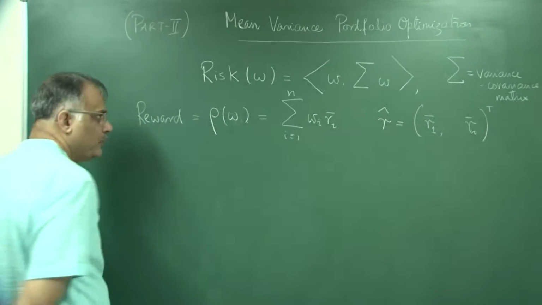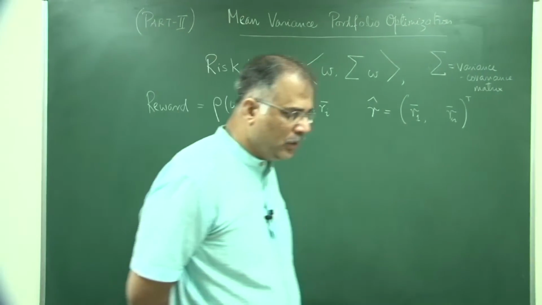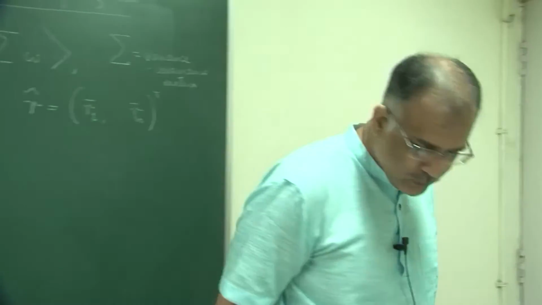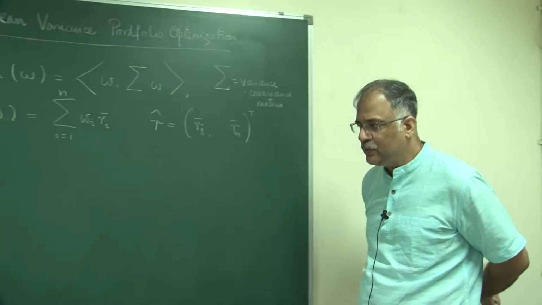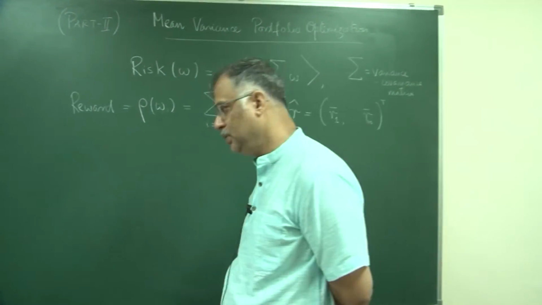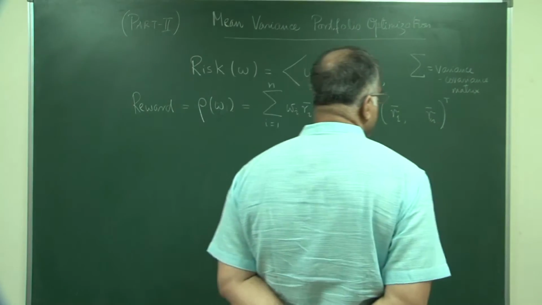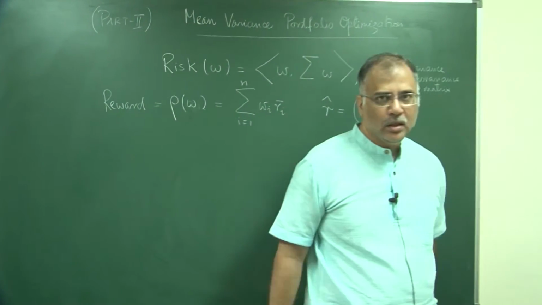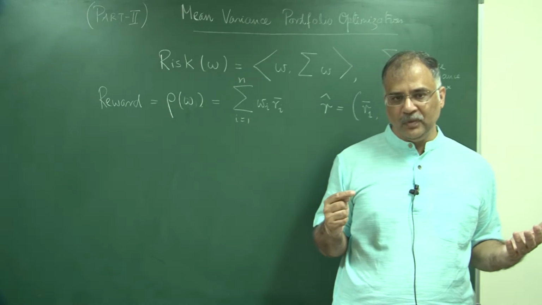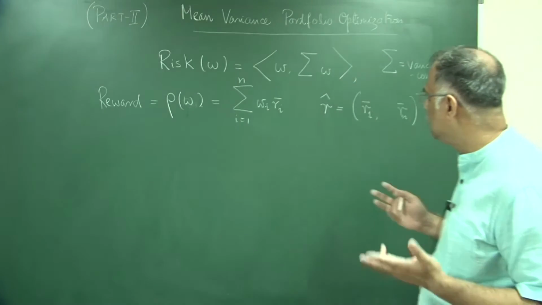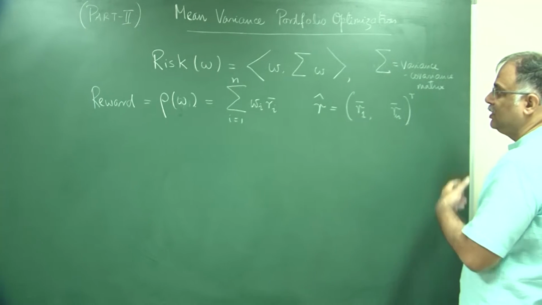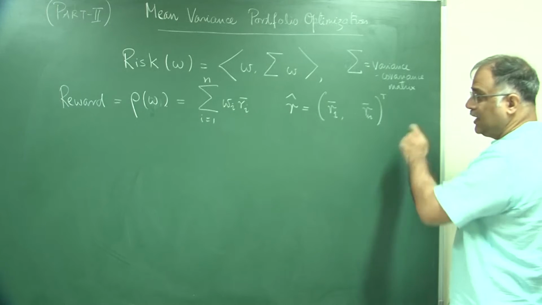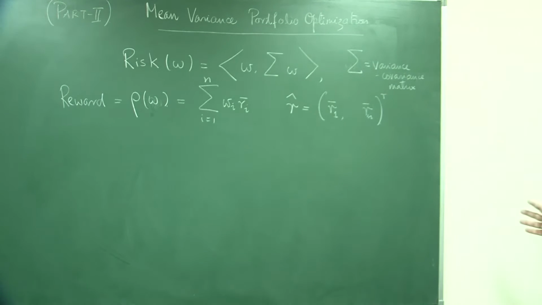Before I proceed further, I need to make a comment. I am using terms like variance covariance matrix, and this is what I expect the students to know. If students expect that every little thing about the basic statistical tools we use here has to be explained, then this course cannot be completed.